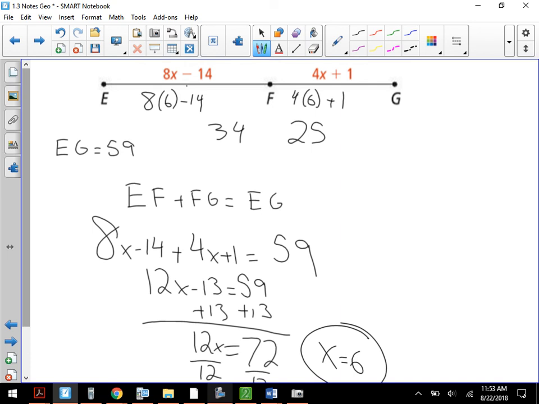Now, this is our first step beyond just labeling and looking at pictures. This is our first step of how geometry is going to look almost on a daily basis. You've got definitions that are geometric in nature, but what you use at the end of it is still algebra.